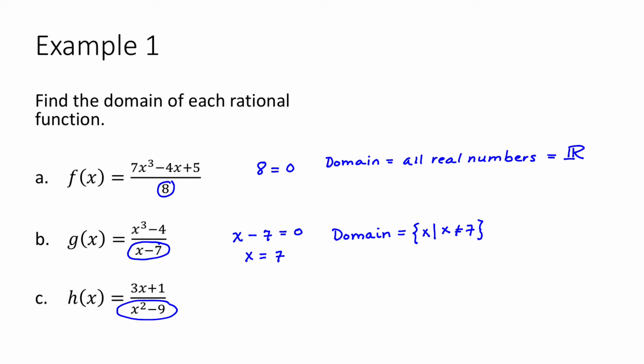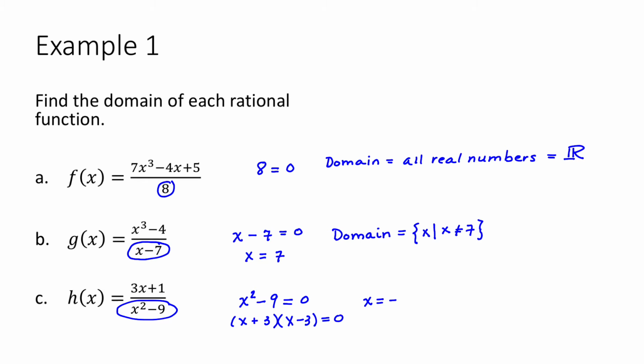In part C, I have a polynomial in my denominator. I've got a variable. So we've got x squared minus 9 equals 0. I'm going to factor that into x plus 3 times x minus 3 equals 0. So I get two solutions here.